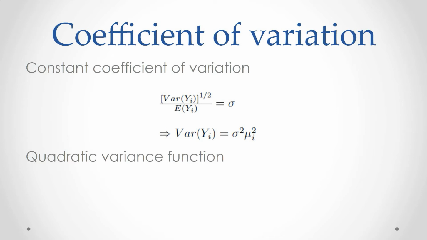Our requirement is a constant coefficient of variation, and this is given by variance of y to the power half by expectation of y equal to some constant sigma. The implication of this is that the variance function is of the form variance of yi equal to sigma square into mu i square, where mu i is the expected value of yi. So, assuming a constant coefficient of variation leads to a quadratic variance function.